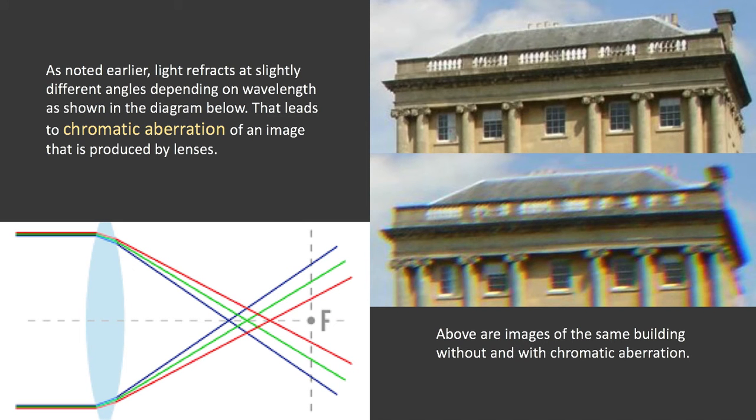Now, the early telescopes were refracting telescopes, but they all had the same drawback called chromatic aberration. And it's related to what happens with light when it passes through glass. It refracts, but it also spreads the colors into slightly different angles.